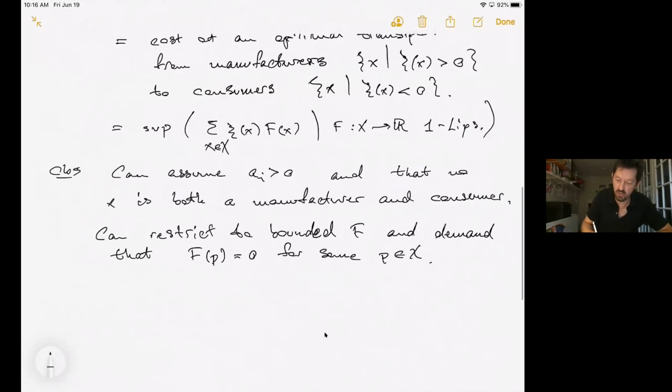Okay, so the norm here defines the Kantorovich metric.